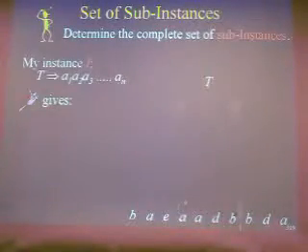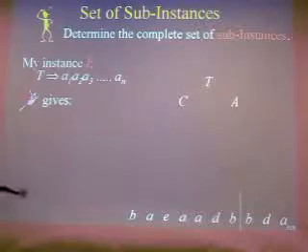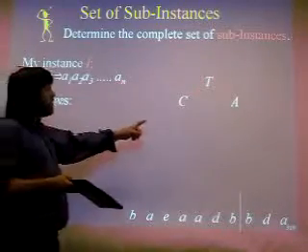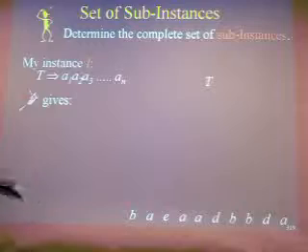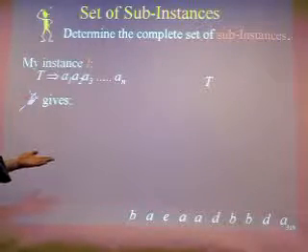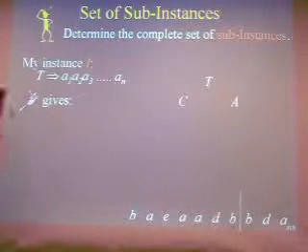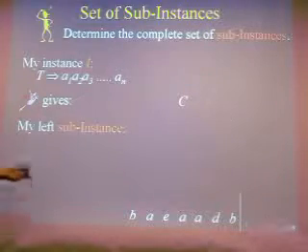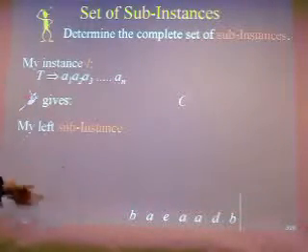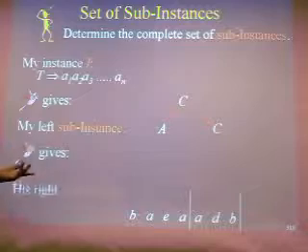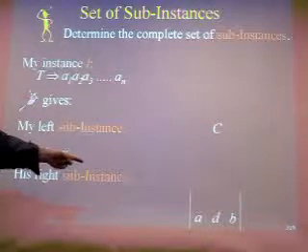Now the question is, how many sub-instances do you have? What are our sub-instances? Well, suppose this is our instance, so it needs to be in there. And then maybe this is what the bird says, so you need this as an instance. And then the bird says something, so you need this as an instance.